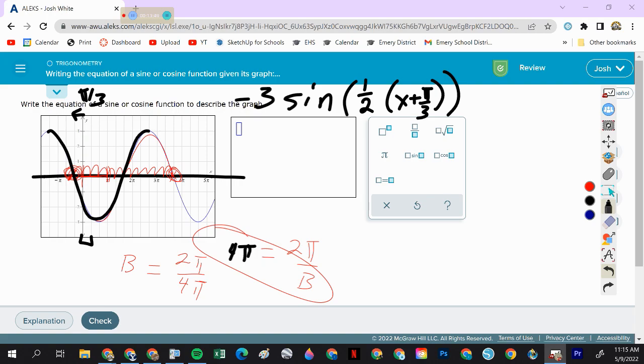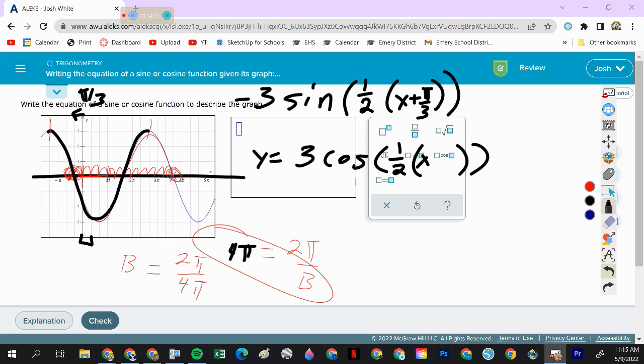No. So it will be y equals 3 times cosine of, the period is the same as the sine graph, right? So the distance from here to here is 12 marks. Each mark is 1/3. So we put a 1/2 here. And then an x.